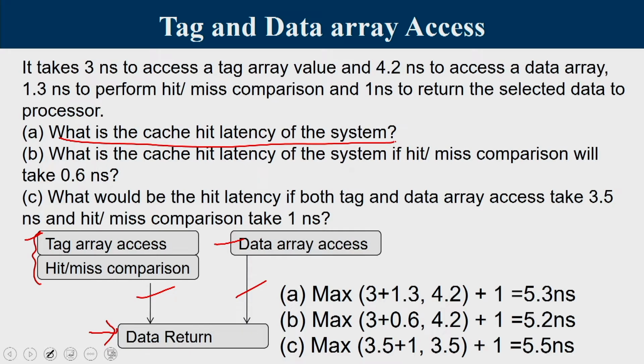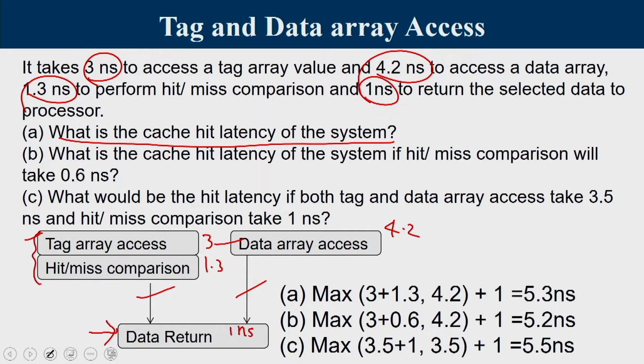Now, in the first case, what is the cache hit latency? We know that the tag array access takes 3 nanoseconds, as given in the question, and data array access takes 4.2 nanoseconds. The tag array section has hit or miss comparison logic, which takes 1.3 nanoseconds, and data return takes 1 nanosecond.